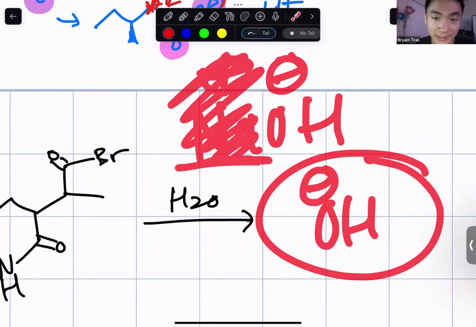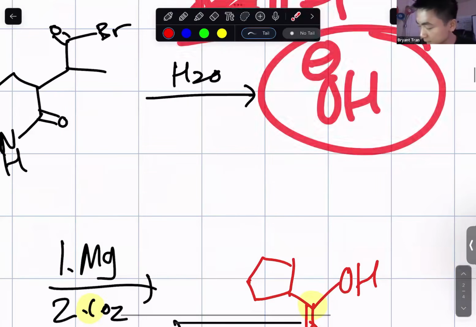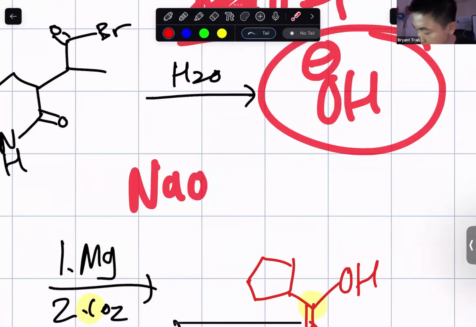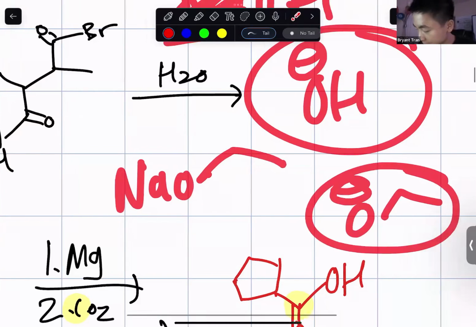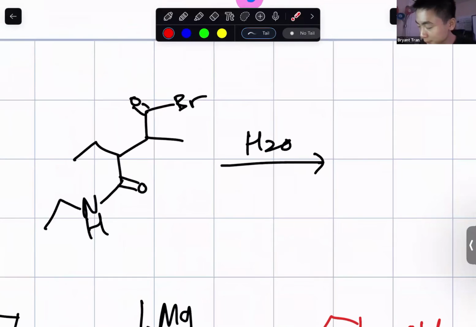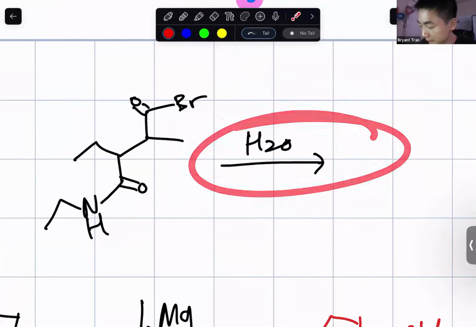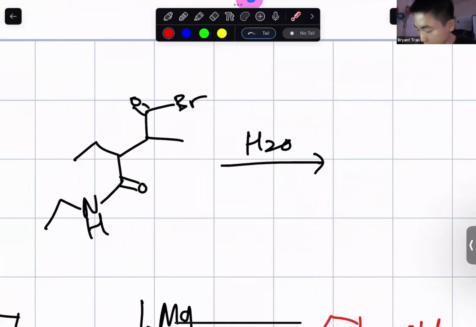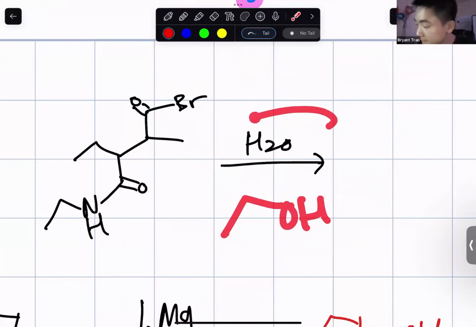That's the base right there. It doesn't have to be that. It could be NaOR, whatever the R group is, meaning that the base here is the ethoxide. If you see neutral molecules like H2O or an alcohol like ROH, like ethanol, that's neutral conditions.